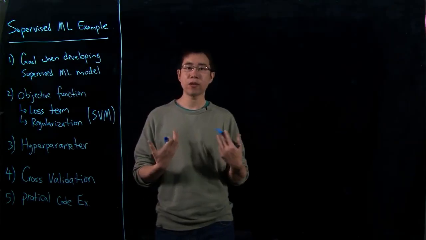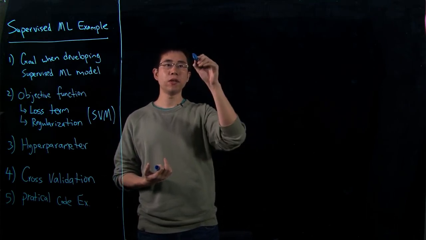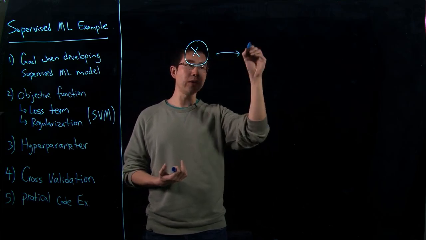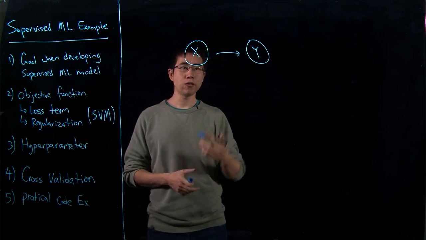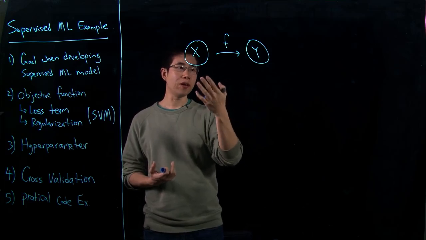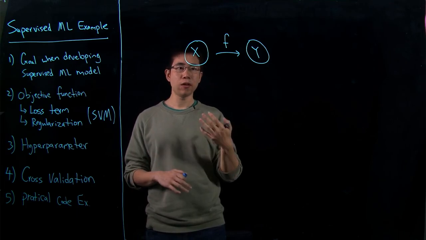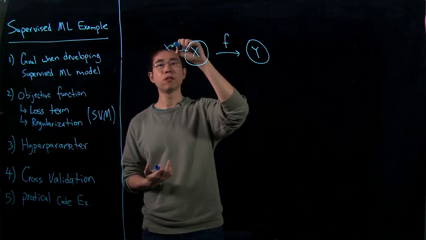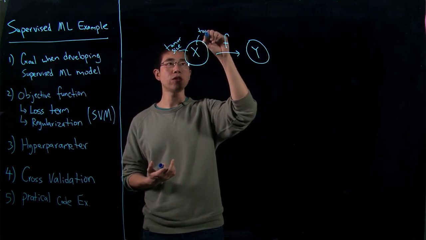So it is typically the case in a machine learning problem that we start off with some data set X and its corresponding outputs Y. And there's a function f that describes the relationship between X and Y. In a medical setting, an example would be that X could be tumor size and tumor texture.